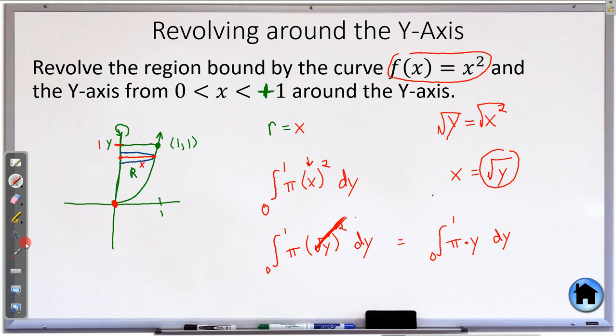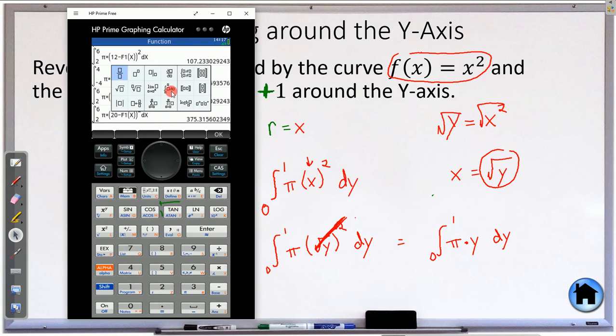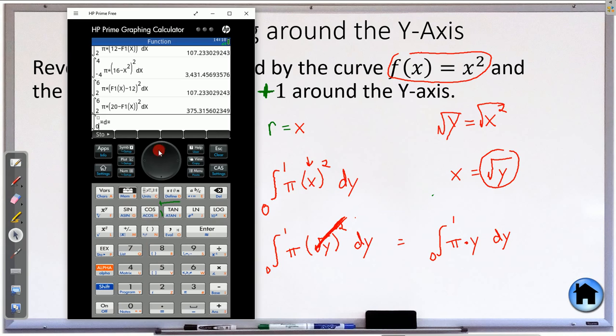Now, it must be said, when you plug that into the calculator, you are going to use x's, because you don't usually use y's on your calculator. So let's do that. The integral from 0 to 1 of pi times x dx.